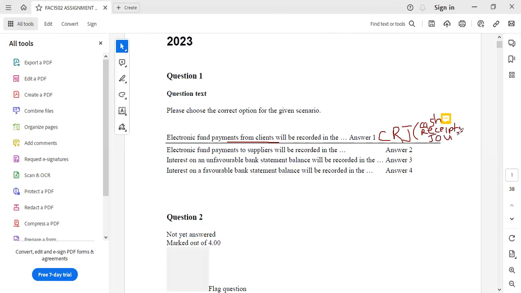So the keyword there would be from clients. What is coming from clients means money is coming to us. Electronic funds transfer to suppliers. When we pay suppliers, that's CPJ.